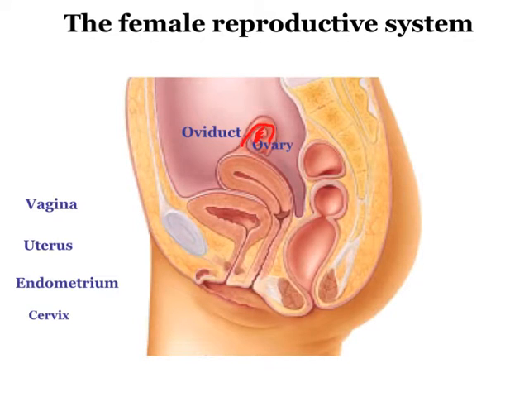I'm sorry, I forgot. I'm supposed to be doing the definitions at the same time, aren't I? Okay, let's go back. The oviduct carries the egg, whether it's fertilized or not, from the ovary to the uterus. The ovary is the area where the eggs are produced and matured.